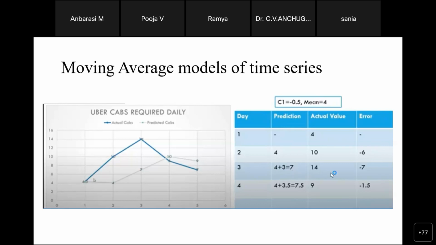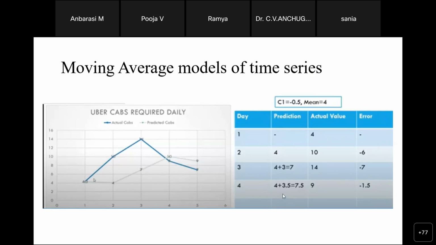Then the actual value, when you apply this formula and add the error value, the actual is 14, minus 7, you get an error value of 7. So the actual value was 14, but the prediction you get is 7.